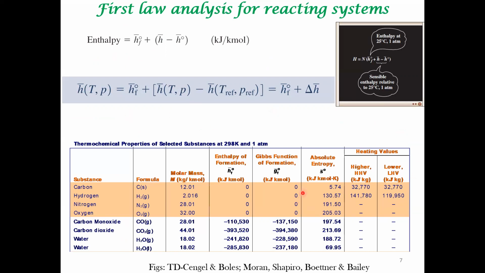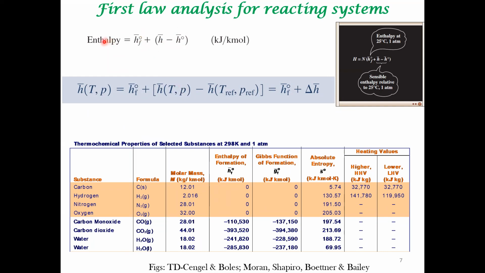We will talk about the tabulated values in a minute, but enthalpy at any arbitrary temperature and pressure is what is referred to here on the left-hand side. That is documented using two quantities. This is the enthalpy of formation of the standard state. I will explain this and contrast against this using these tables.